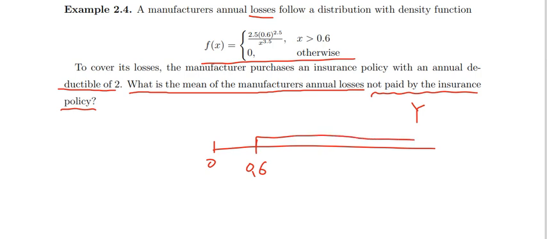X larger than 0.6. The deductible is 2, so we put here the 2. Below 2, insurance pays zero, will not pay.